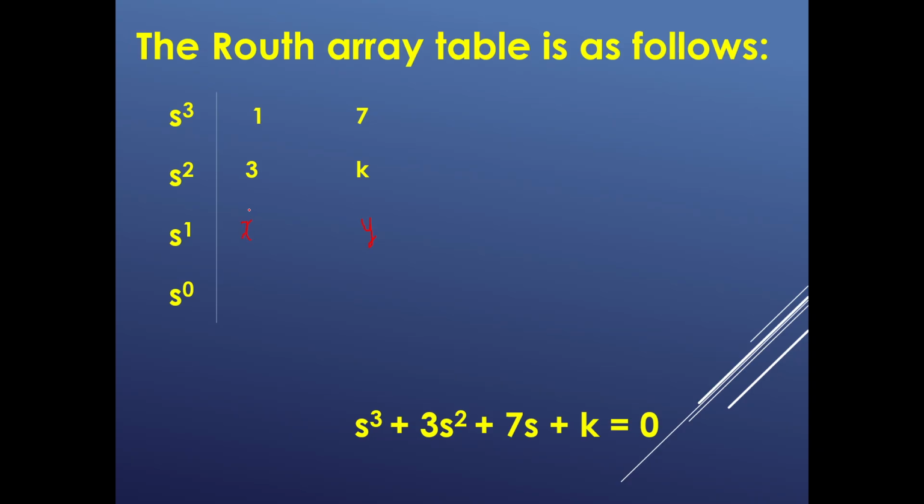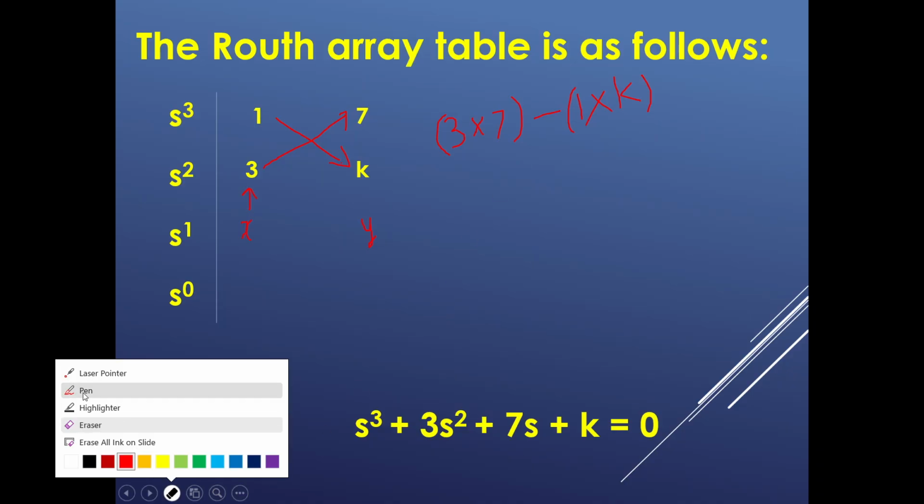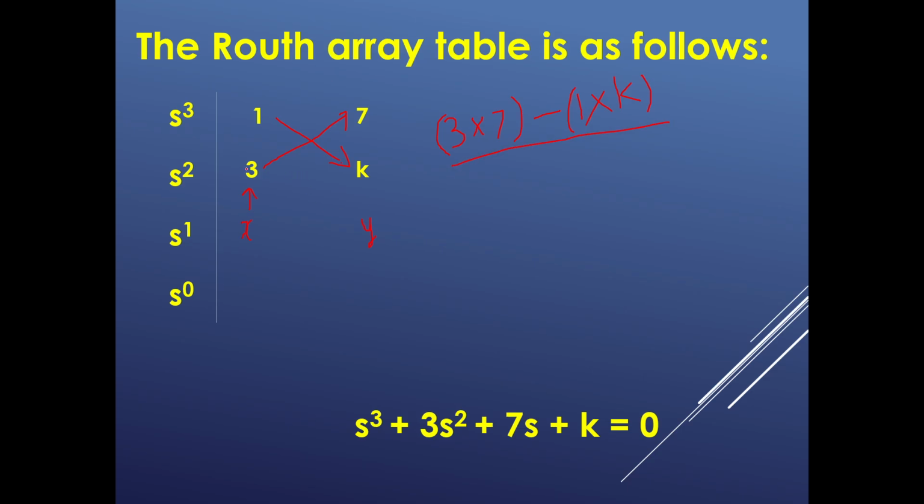So what is x? Just look above x. What is there? 3 is there. So cross multiply 3 with 7, 3 into 7, minus cross multiply 1 with k, 1 into k, whole divided by 3.